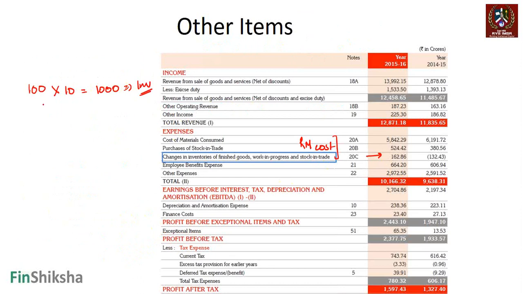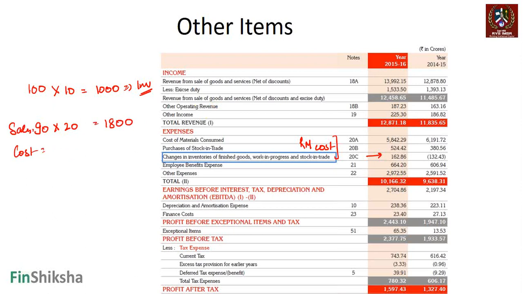Now, assume they sell 90 of these bottles at a price point of 20. So what is the sales for them? That's 1800. What is the cost for them? Now, when you're building these financial statements, and when we look at further units of our discussion, in one of the units we're going to look at how these financial statements get constructed.